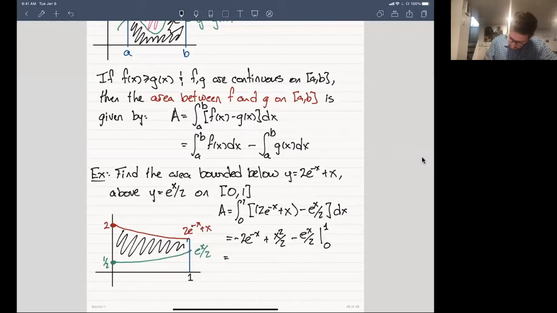So at the upper bound, maybe I'll put this in brackets, 2 to the minus 2 times e to the minus 1 plus 1 squared over 2 minus e to the 1 over 2.